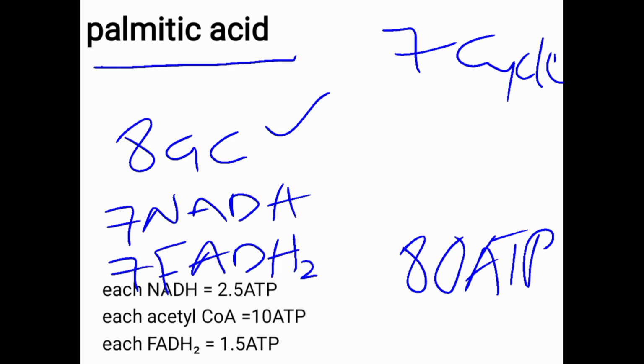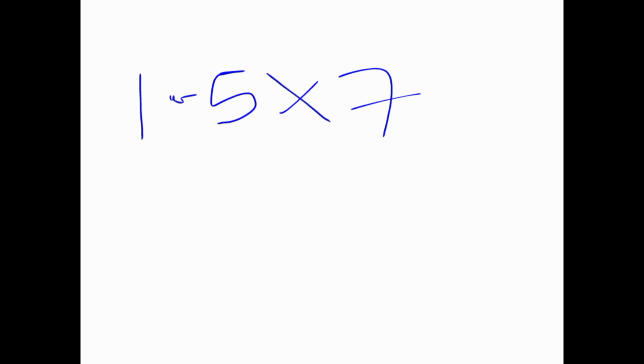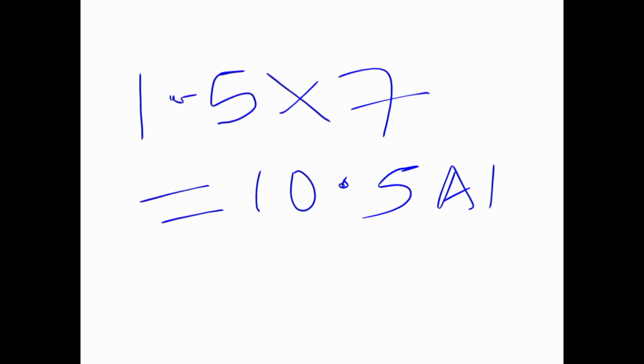So now this FADH, remember 1 FADH will give us 1.5 ATP. So now we have 7 times 1.5. You will generate what? 10.5 ATP.